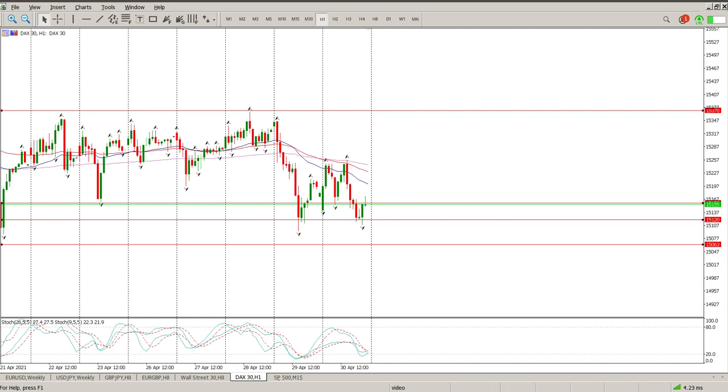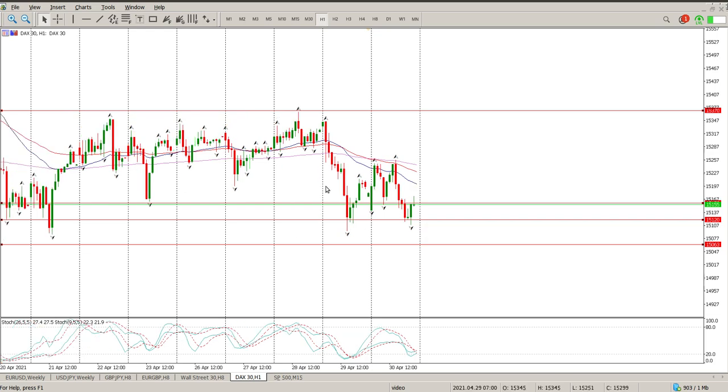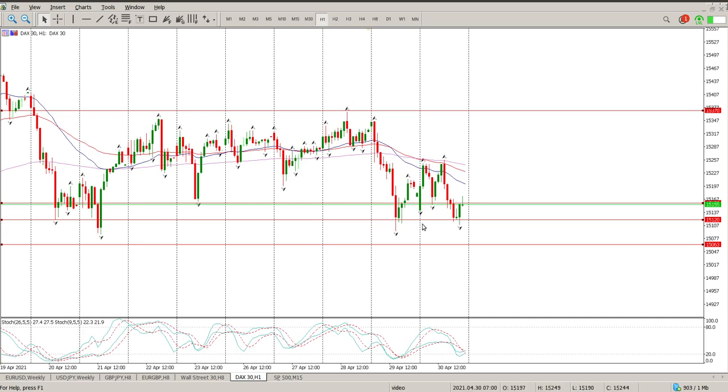At the moment, the DAX futures is up 0.23, so 15,186, somewhere up here. I'll take it with a pinch of salt. As far as I'm concerned, we are still sideways. If we start breaking below, or even if at the open we do reject this area here properly, 15,158, I'd look at it.